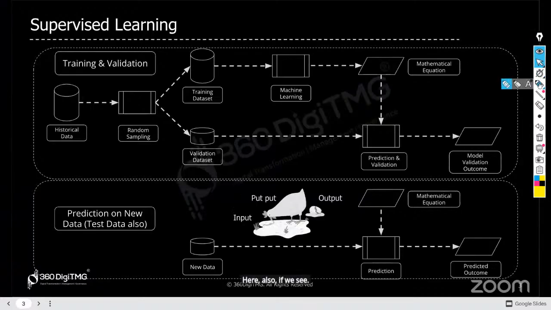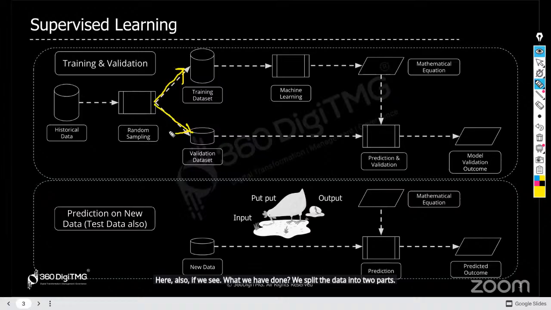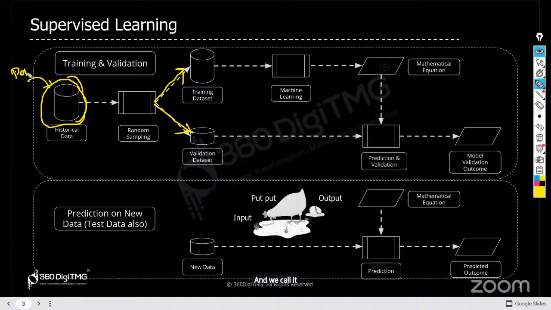What we have done is split the data into two parts: train dataset and validation dataset. We have some historical data, and we call it population data. It's a very huge amount of data.